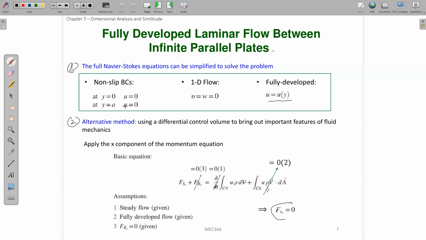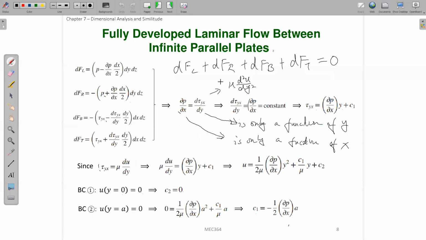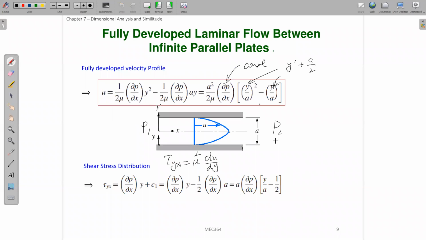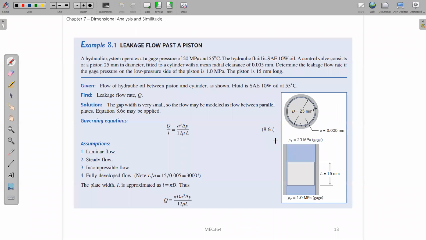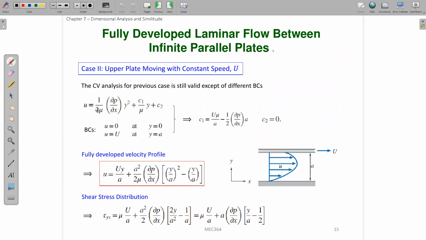Now at y equal to a, u will not be equal to 0, it will be big U here. Everything else will be the same, until we obtain this velocity profile, all the procedures are the same as the previous case where both plates are stationary.